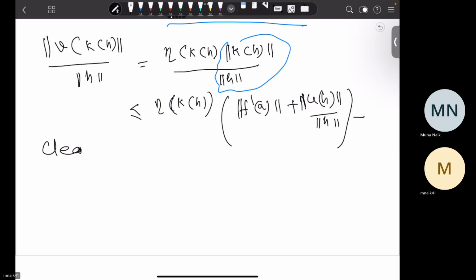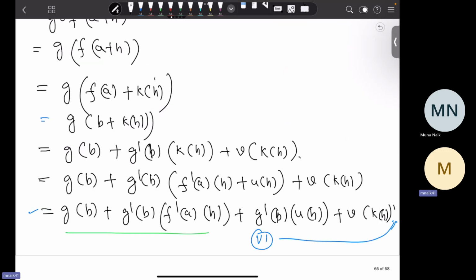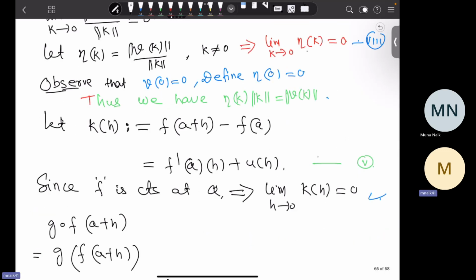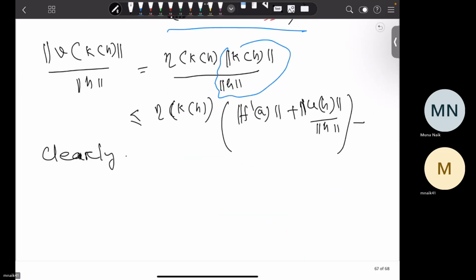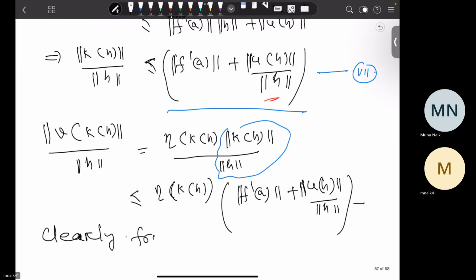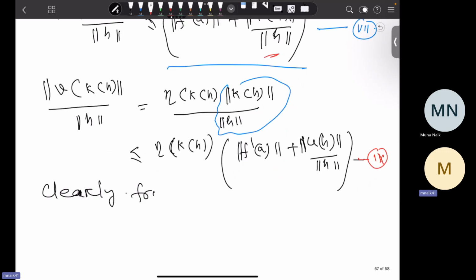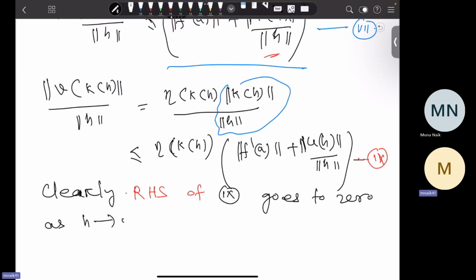So clearly, from star, the RHS of this goes to 0 as h goes to 0, because if h tends to 0, then k(h) goes to 0, so eta k(h) goes to 0.